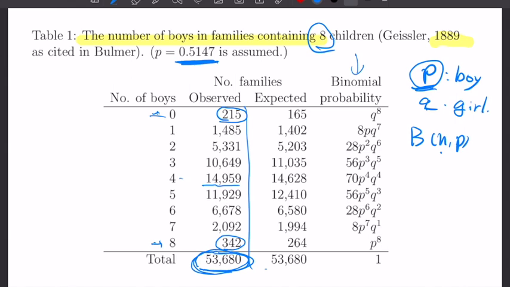Actually, this is a very interesting observation, and it is universally observed. So anywhere in the world, the probability that a child is a boy is higher than that of girls. And there are many explanations for that.